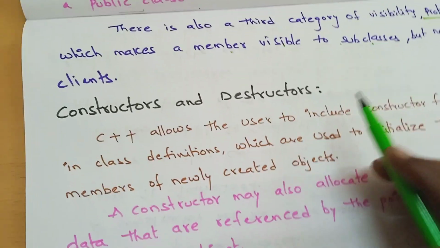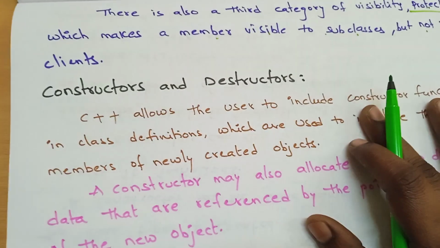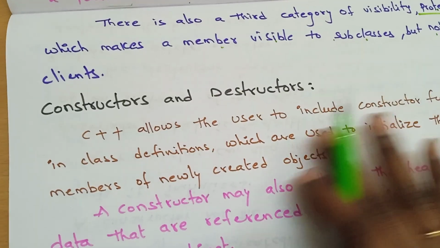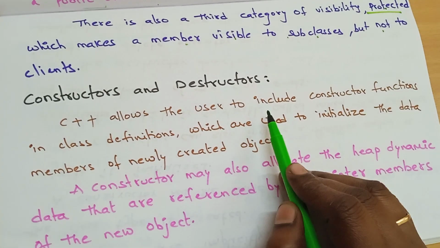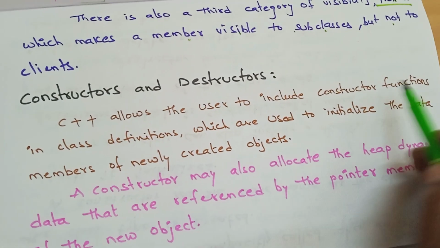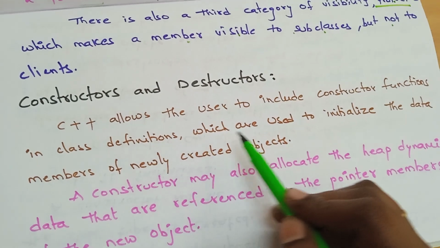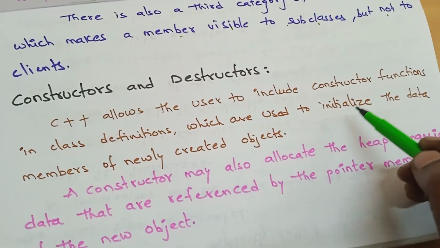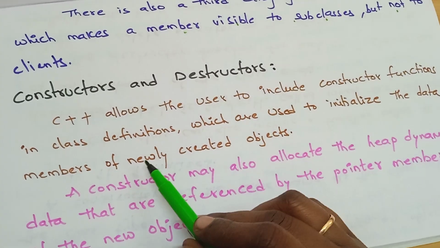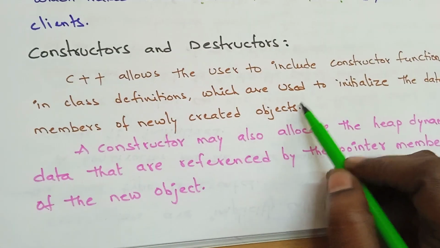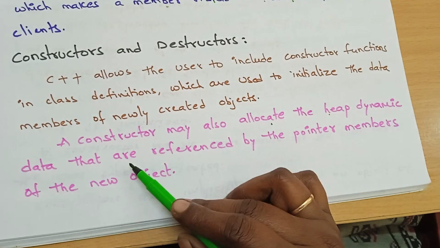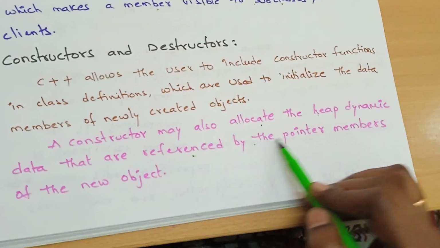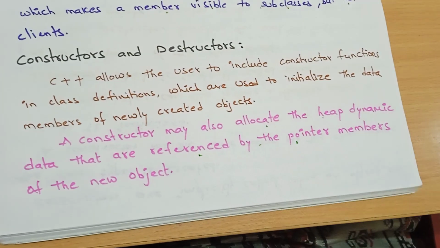Now we'll talk about constructors and destructors. C++ supports constructors and destructors. C++ allows the user to include constructor functions in class definitions, which are used to initialize the data members of newly created objects. A constructor may also allocate the heap dynamic data that are referenced by the pointer members of the new object.